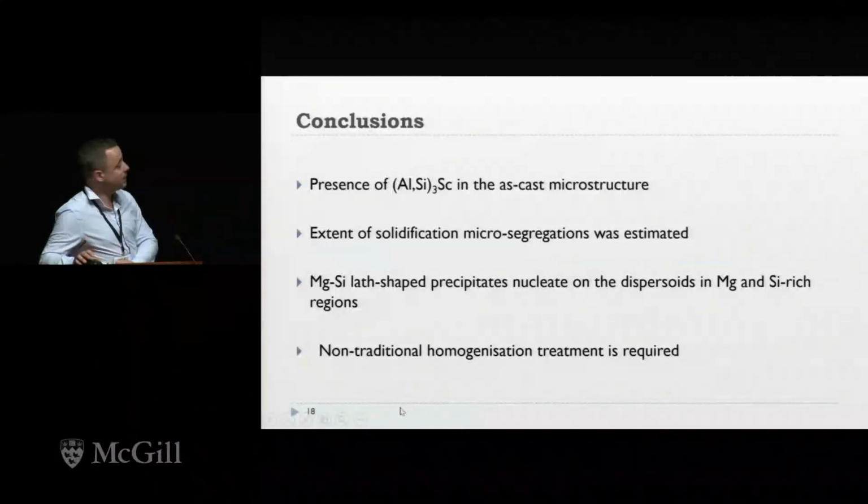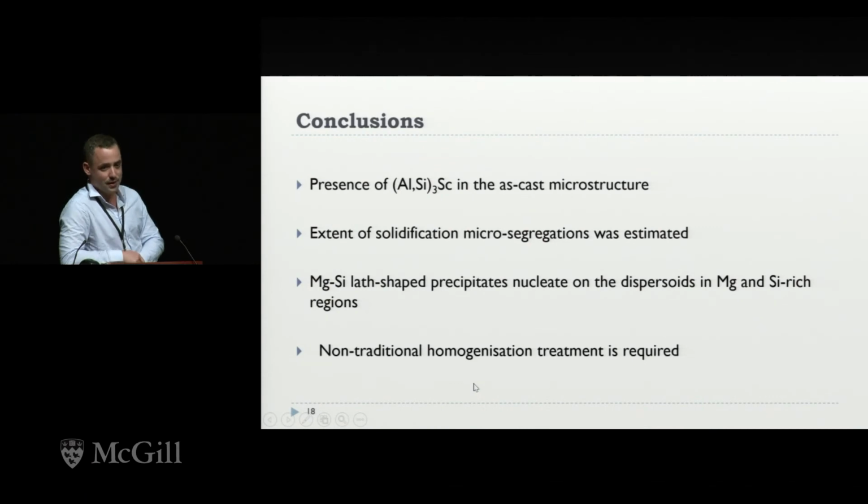But I think we at least highlighted that there are variations in compositions in the microstructure. And then we also observed the formation of magnesium-silicon type precipitates. And I guess one of the conclusions is probably we will need a non-traditional homogenization treatment for these alloys.